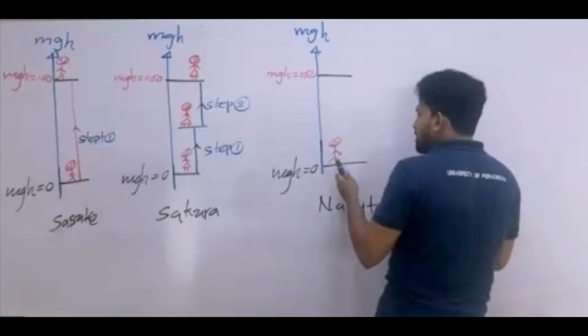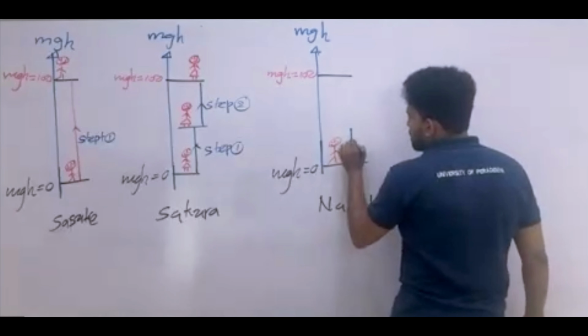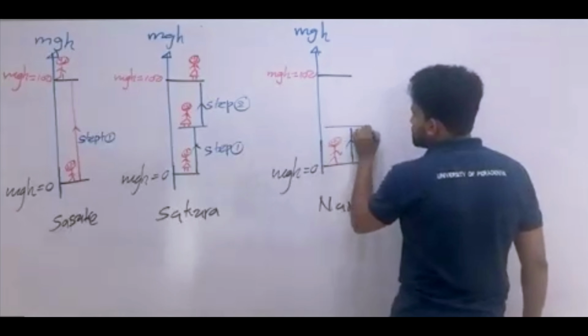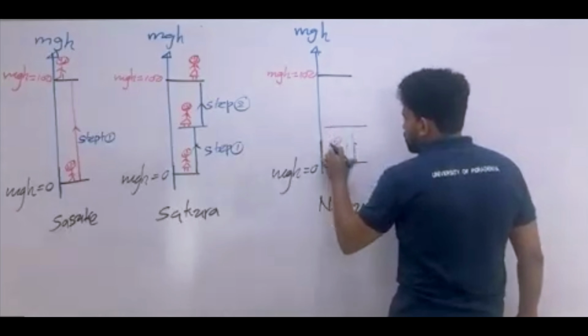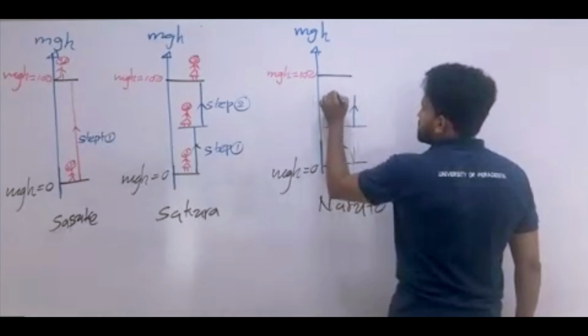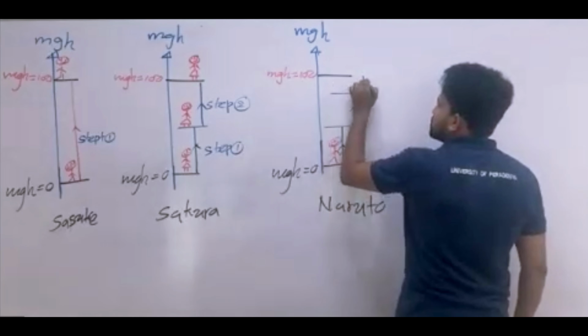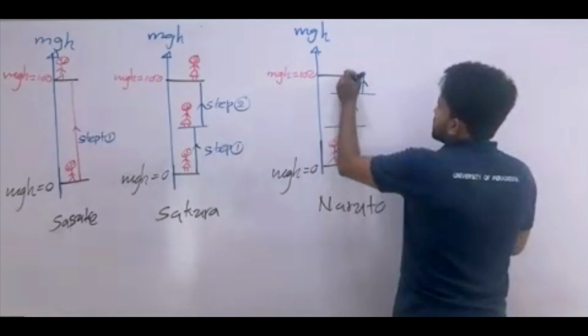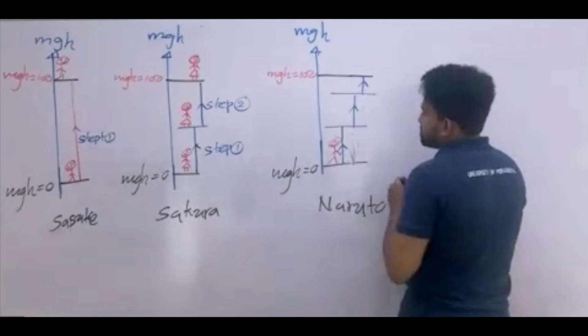Naruto, he takes three steps. He initially goes here, then here, and finally he goes to the final step. 3 steps is there.